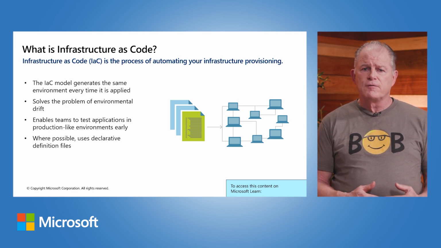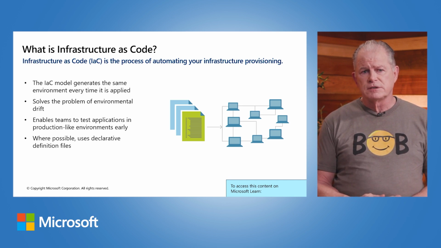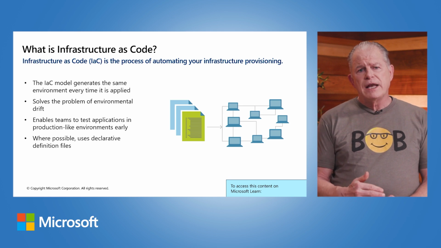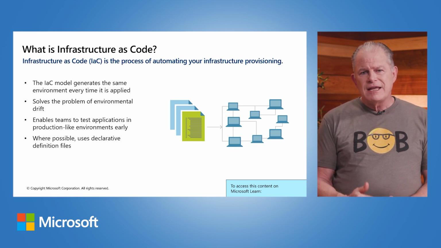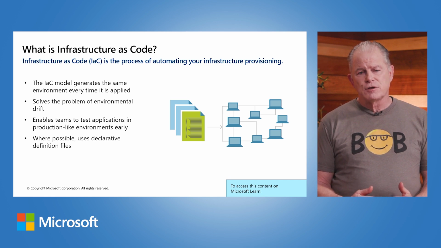There is some type of code that is a representation of the infrastructure that you've built inside of Azure. And so you can now use that automation and infrastructure provisioning to deploy your infrastructure and maintain infrastructure management.